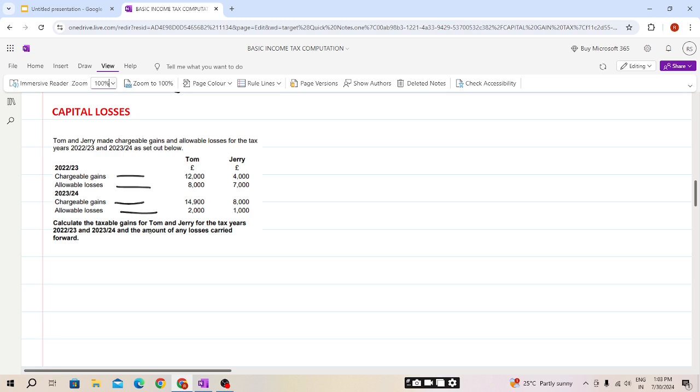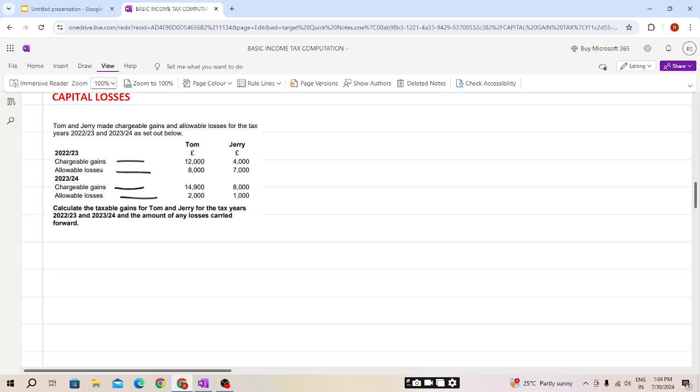Calculate the taxable gains for Tom and Jerry for tax years 2022-23 and 2023-24 and the amount of any loss carried forward. So students, for both of them we need to do this.